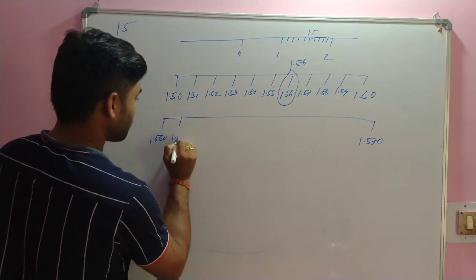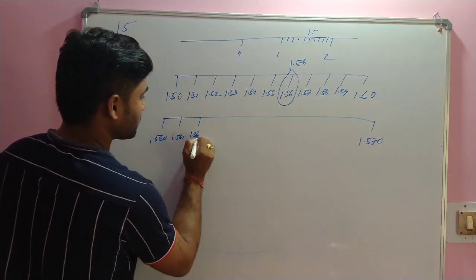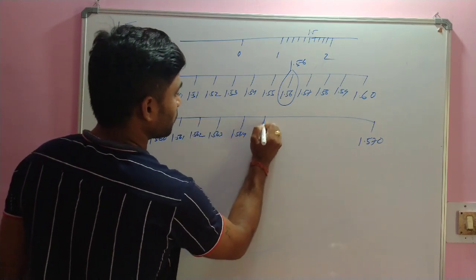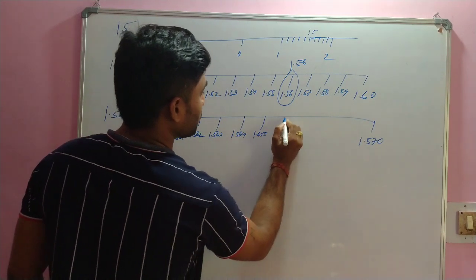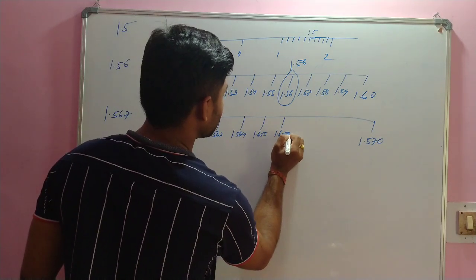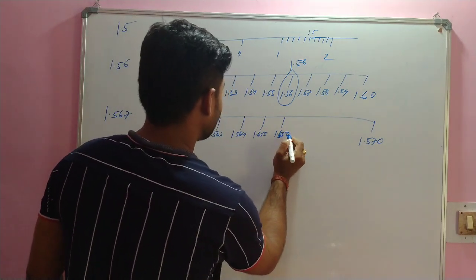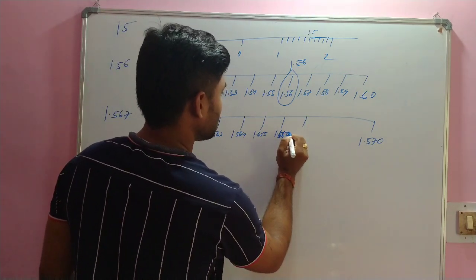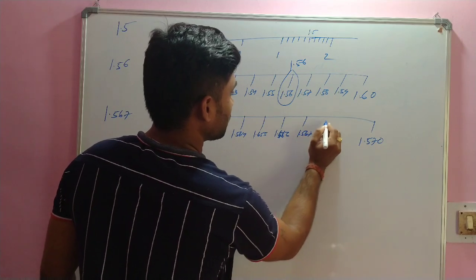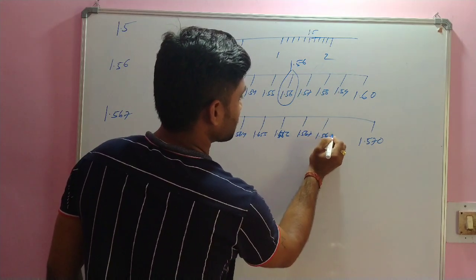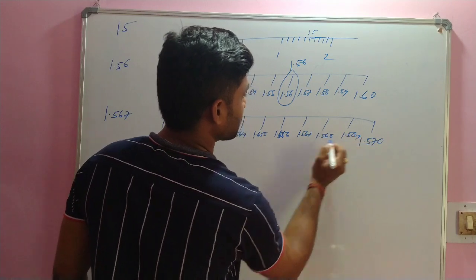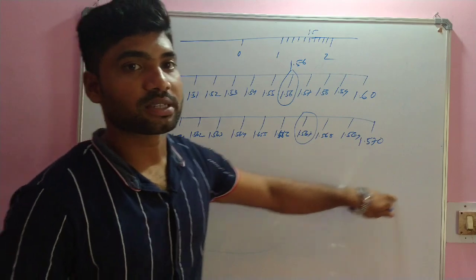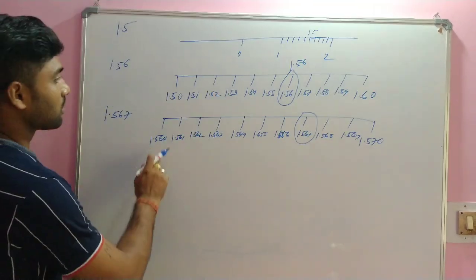So 1.561, 1.562, 1.563, 1.564, 1.565, 1.566, 1.567, 1.568, 1.569, and this one is 1.57. By this way, we can represent decimal numbers on the number line.